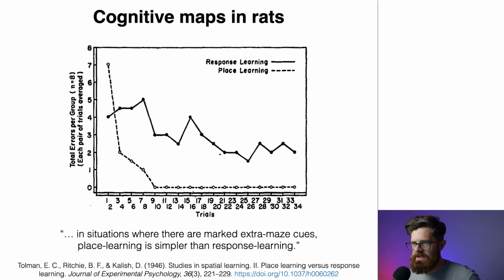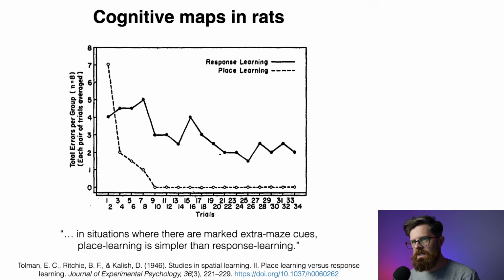So that's kind of interesting, because from a behaviorist perspective, you would have thought that the stimulus of the maze and the desired response turn right would be a really easy thing to condition, to learn.